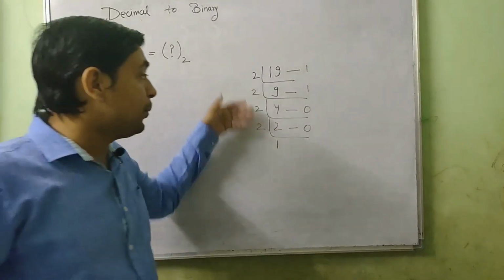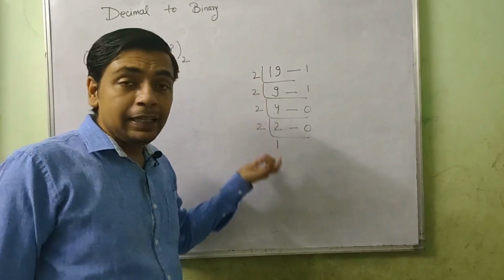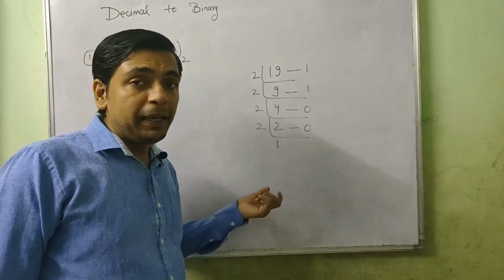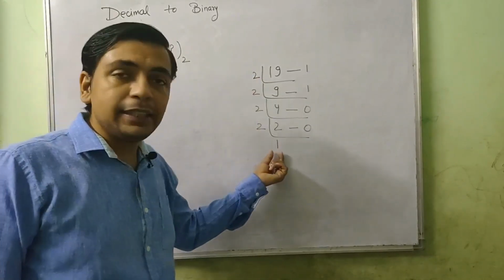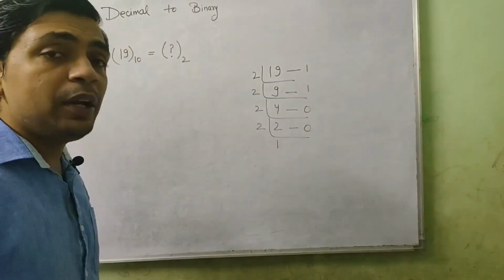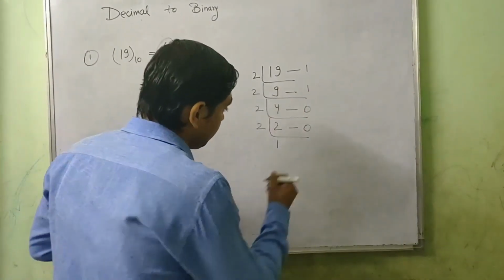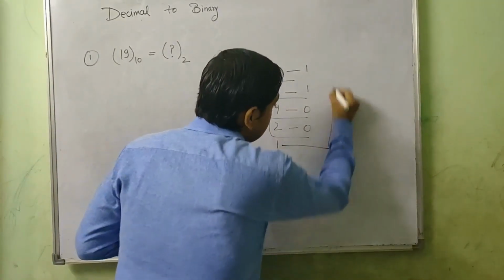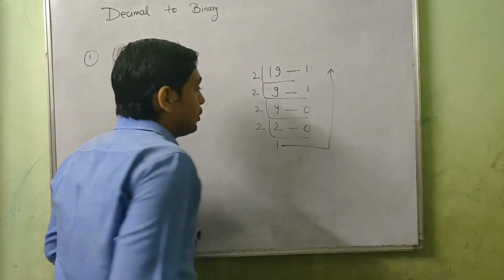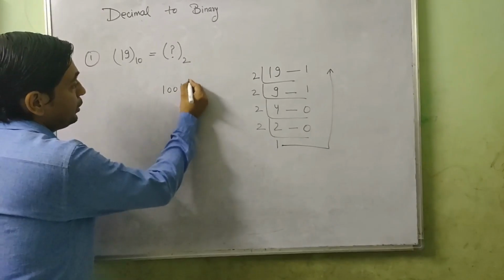We will keep on dividing until we get 1 or a number smaller than the base. The base was 2, so 1 is definitely smaller than 2. So we will stop now, and we will note down the remainders from the bottom till the top, including this one. So the number will become 10011.